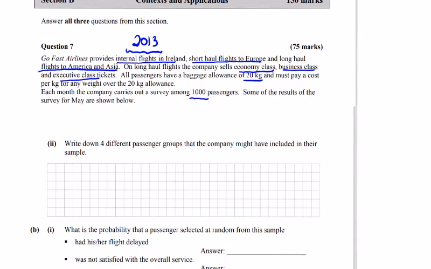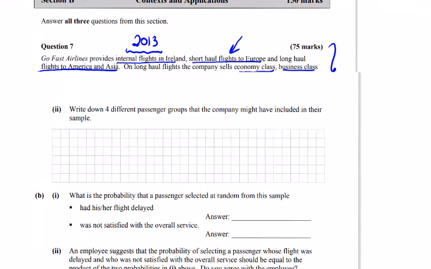There's internal to Ireland, short haul to Europe, long haul to America, long haul Asia, and so on. So they just want these 4 passenger groups from the information that was given up here. A lot of people would have answered maybe by age or by some sort of identifier that wasn't in the question.